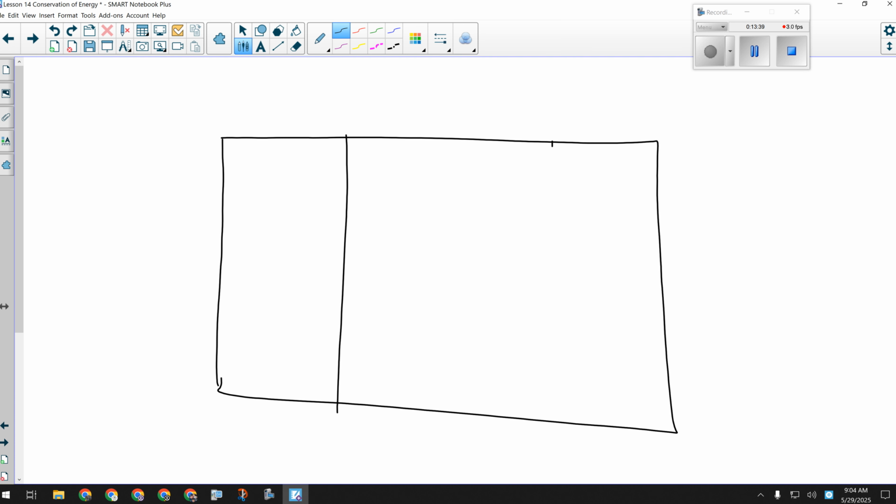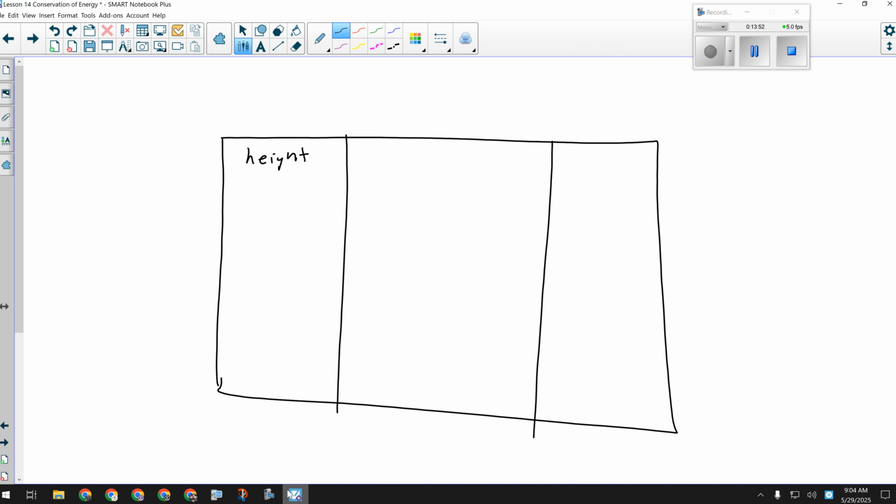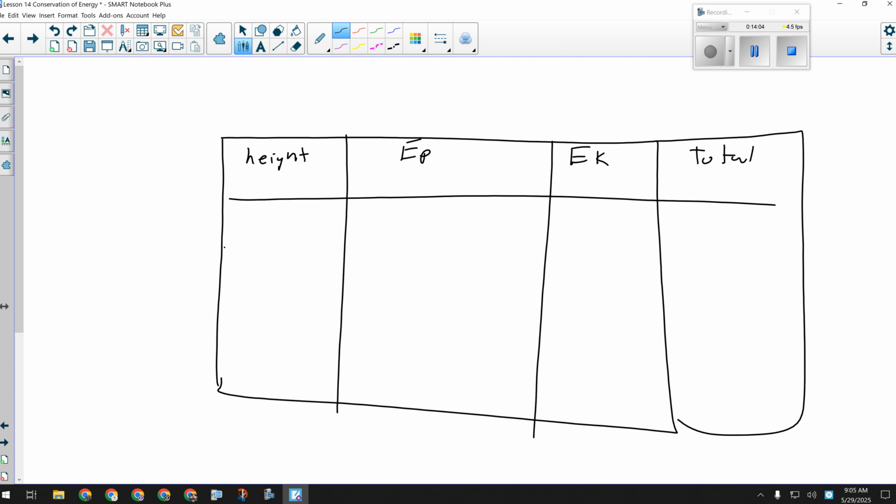You have your height, and then EP, EK, and I think there's also probably going to be one here for total. Then you have your heights here, so you just make a chart like this, and you're going to fill it in.